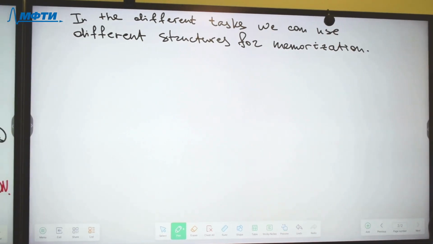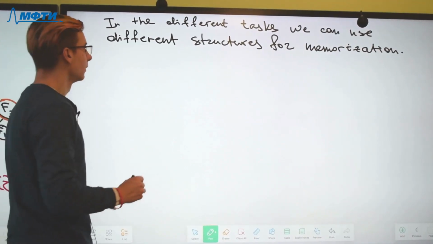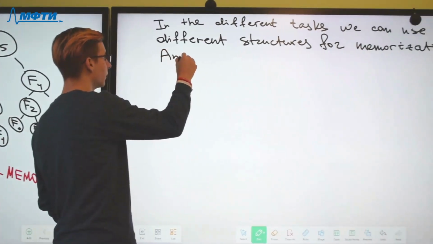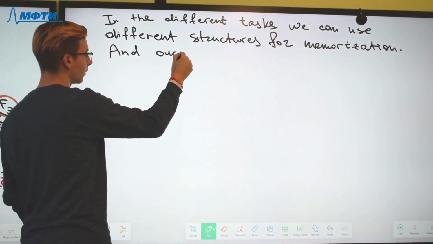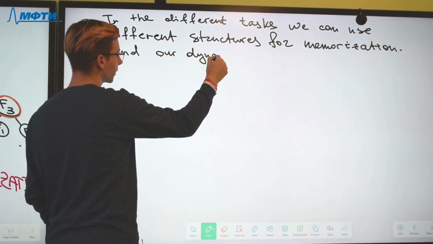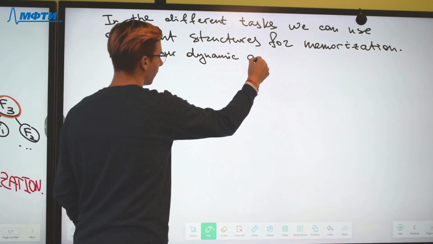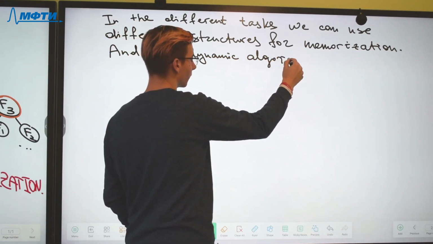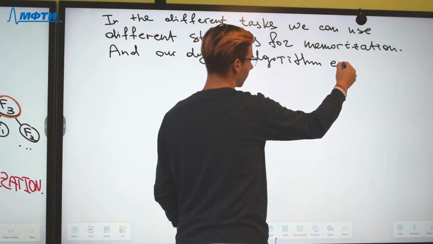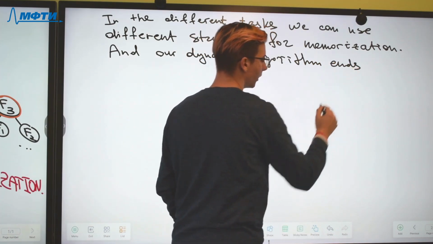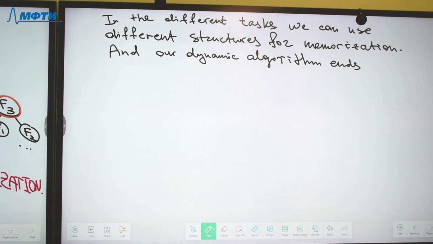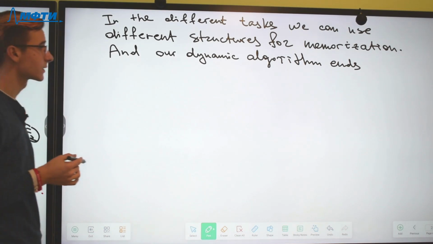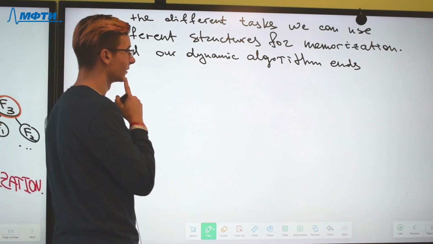And our dynamic algorithm ends when we find the results of our task. It's understandable.